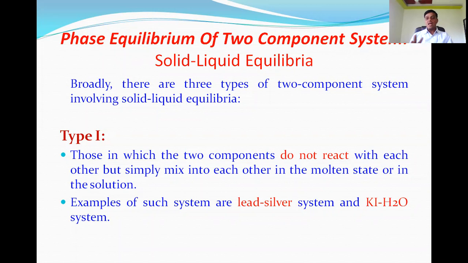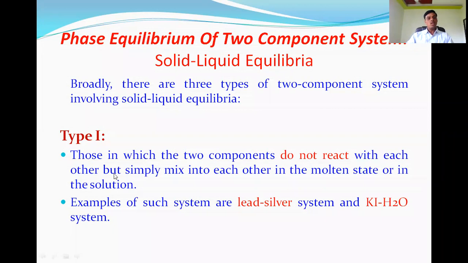Now, I am explaining that there are three types of solid liquid equilibria. These three types are categorized depending upon whether these substances react with each other to form another compound. Depending upon this fact, they are of three types.